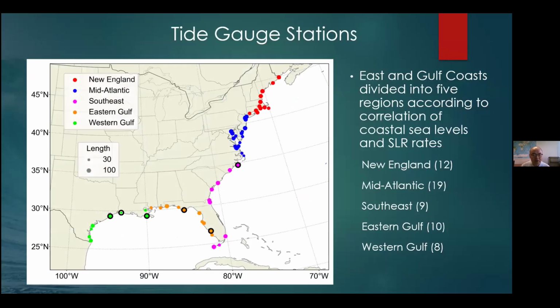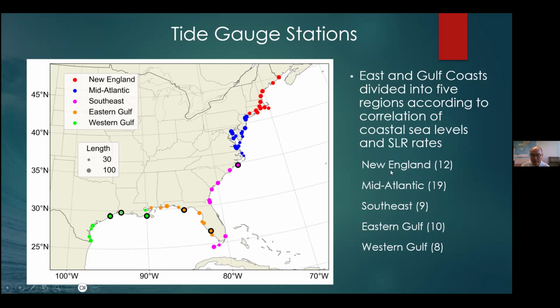This map shows the location and distribution of tide gauge stations along the East Coast and the Gulf of Mexico coast. According to the correlation of coastal sea levels and the different sea level rise rates, we divide the East Coast and the Gulf Coast into five regions.